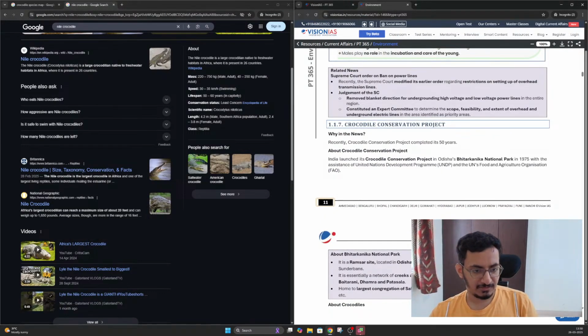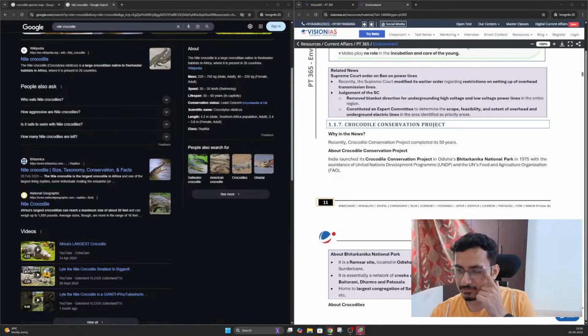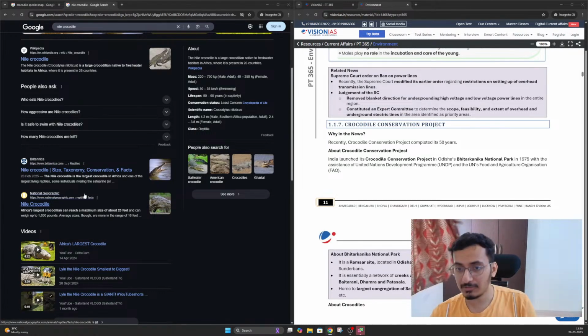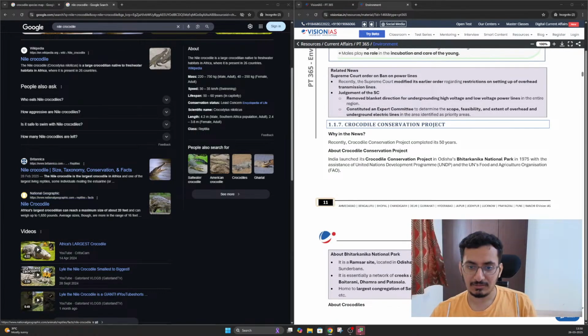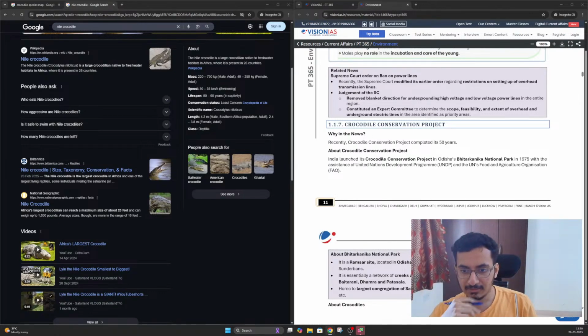The United Nations Development Programme and Food and Agriculture Organization, these two bodies have helped us establish this conservation project. And other than that, mainly Bhitarkanika National Park and Chambal Sanctuary, these two have been the main places, although the program covers pan-India.